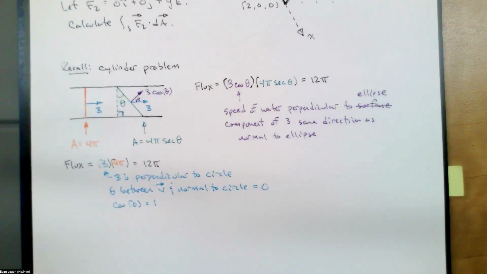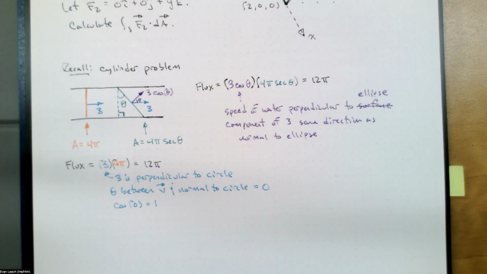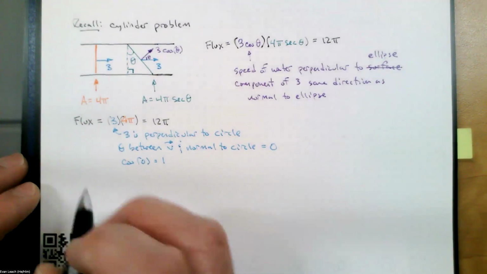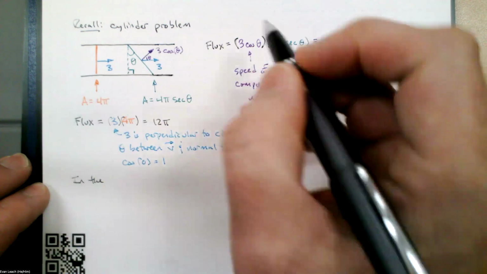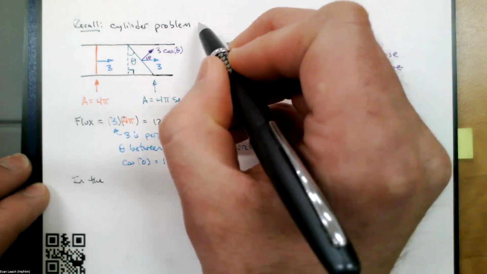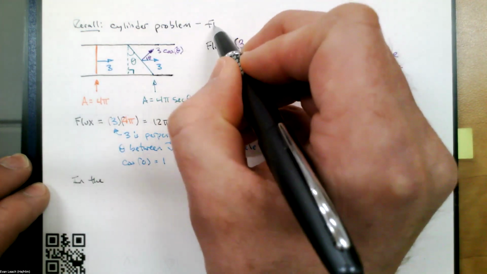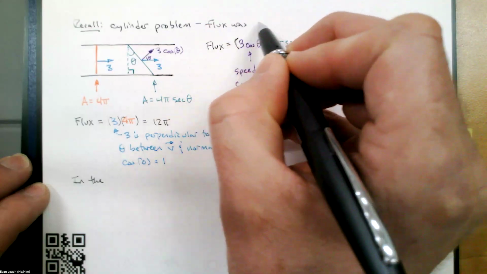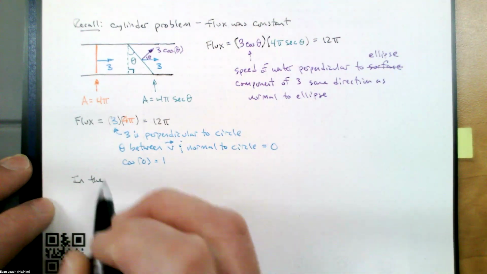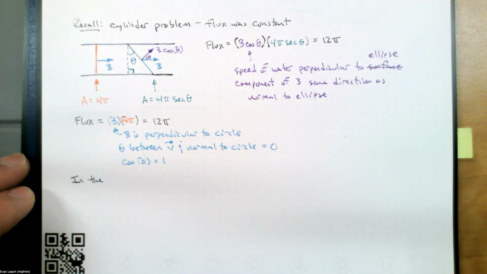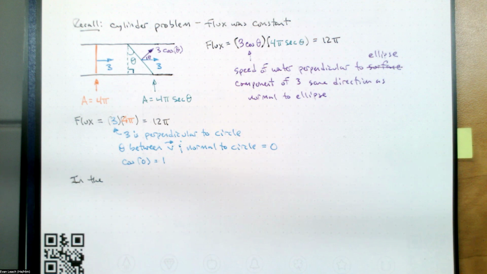So in the cylindrical problem, flux remained constant. The area increased, and we lost some velocity through the surface due to the angle.